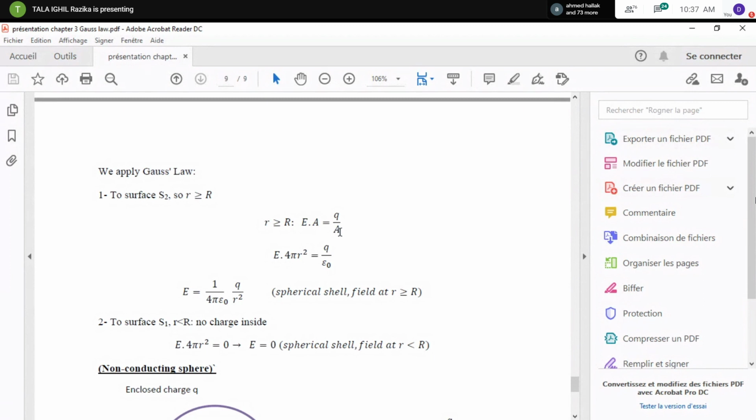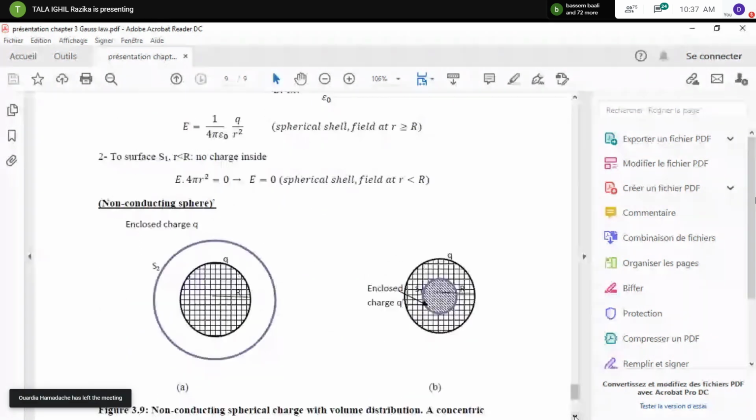There is a mistake here, it's epsilon 0. So E is 1 over 4 pi epsilon 0 Q over R square. This is if we are outside.